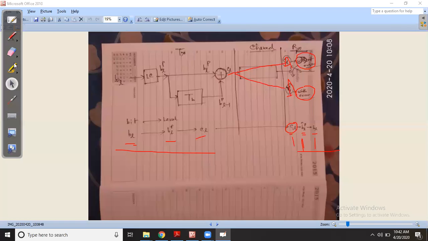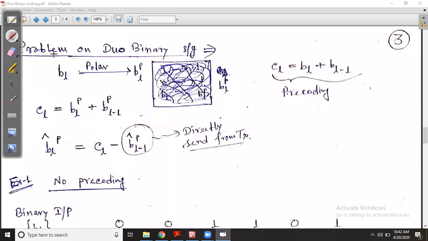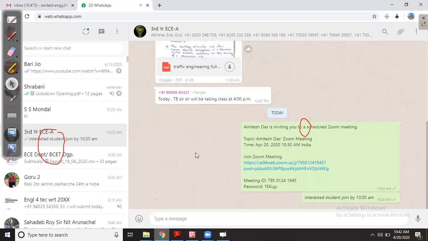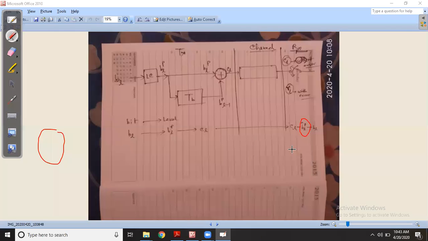Now see, this is the case. The same expressions we have mentioned here. Now, what is this BLP? Just now we have shown this BLP is nothing but this BLP voltage level. But there is a BLP cap.